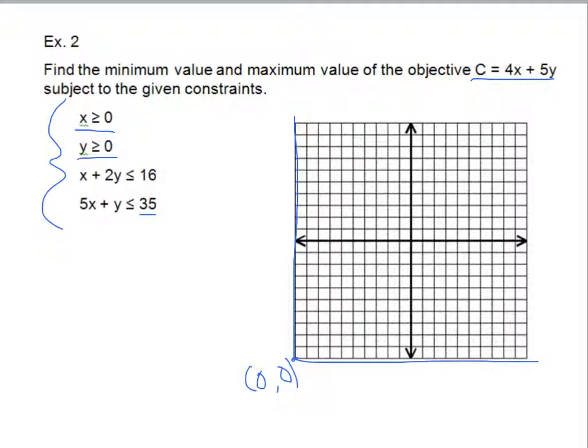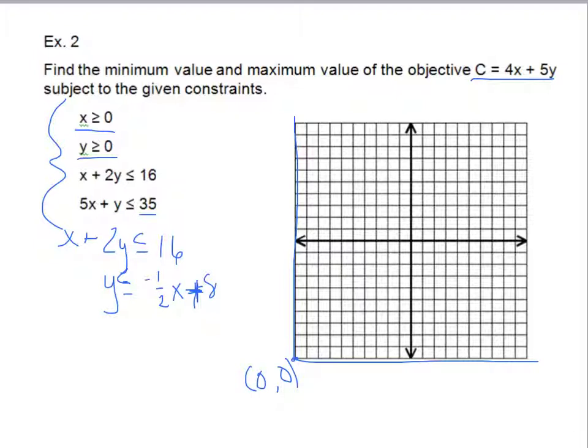Alright, if I'm going to graph the equation x plus 2y is less than or equal to 16, when I solve that equation for y, y is less than or equal to negative 1/2 x plus 8. There we go. Now I'm going to plot that.